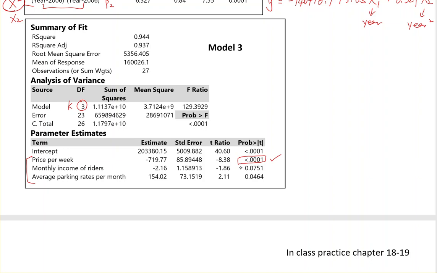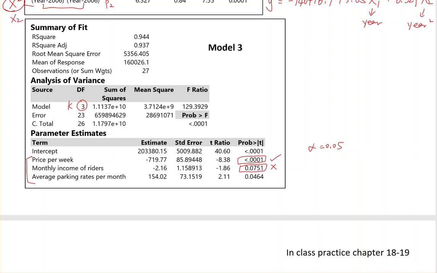Is this variable, the monthly income of writers, significant at alpha equals 0.05? No, because its p-value is larger than alpha, right? Okay, what about the last one, the average parking rates per month?